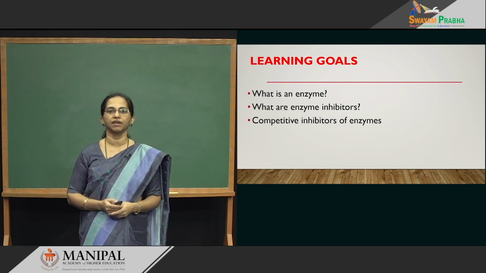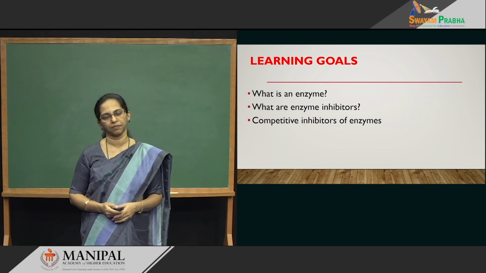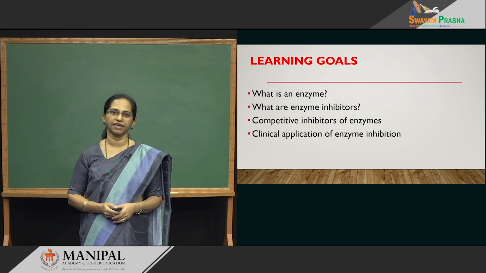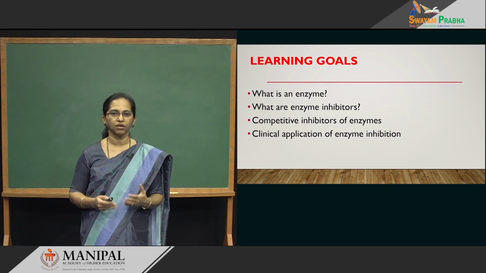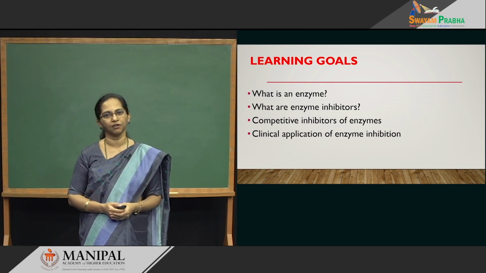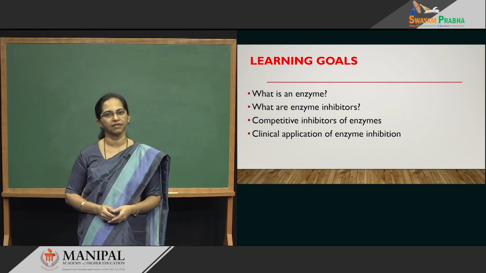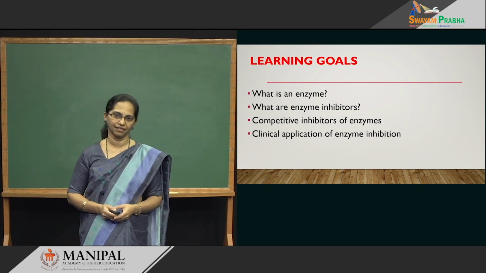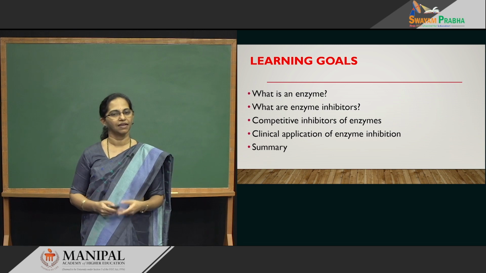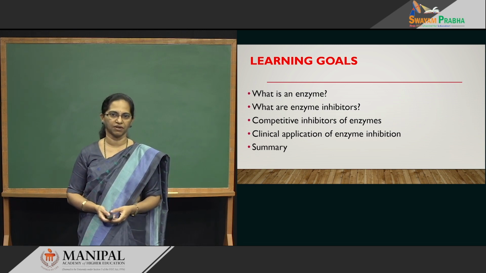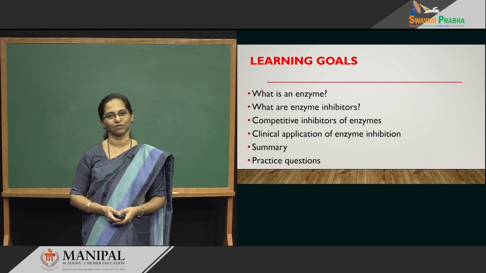Out of them, we will learn what is competitive type. Then finally comes our topic, what is the application in the field of medicine. Using this knowledge of enzyme inhibition, how do we apply it for treatment of diseases in medicine and healthcare? Then a quick wrap up or a summary and some practice questions.